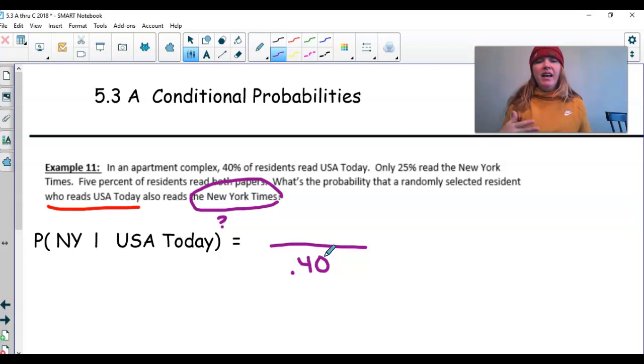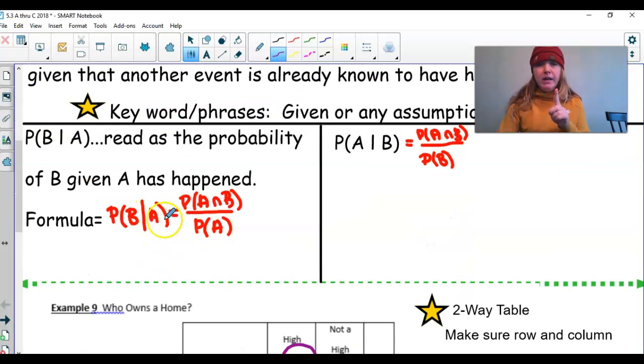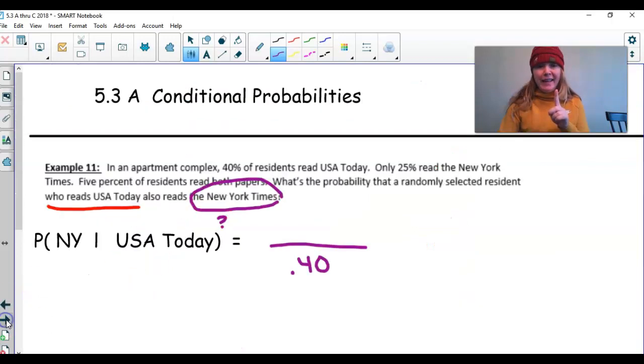Again, we're using this formula here. The denominator is whatever's to the right of the line. To the right of the line is the USA Today, everyone who reads the USA Today, 40% of them. The numerator then is both the New York Times and the USA Today, and that's 0.05.